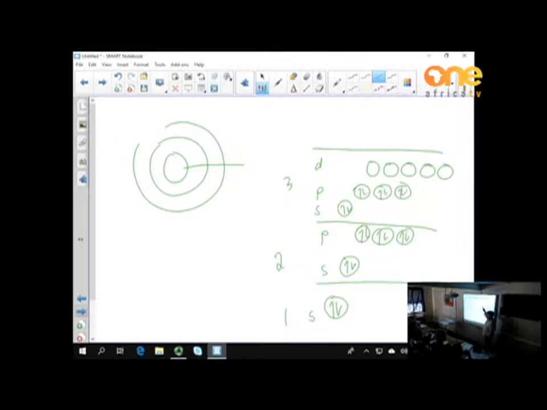And then it's going to jump to the 4S sublevel because it's easier to fill that S sublevel than to fill those. Then it will come back and fill them, 1 each, and then pair off, etc. It gets quite complicated, but there's a pattern that one can draw to figure out the order.